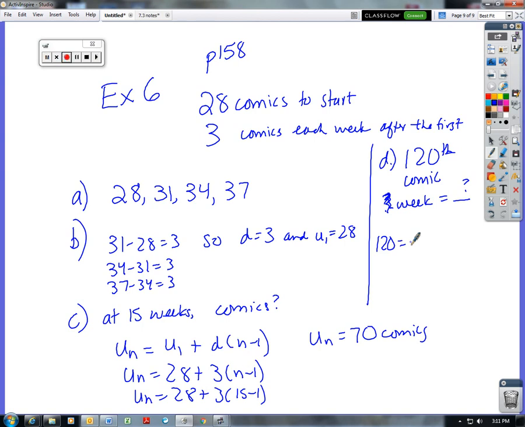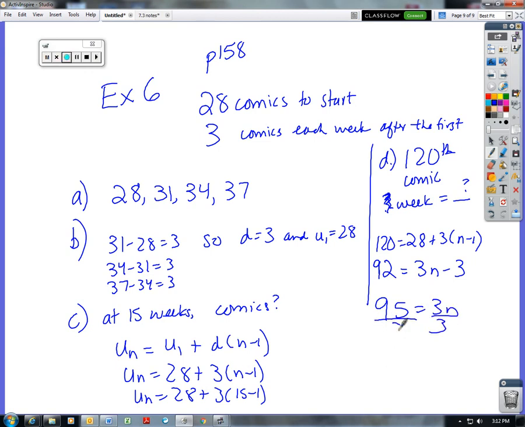And we'll go back to the formula, 28 plus 3 times n minus 1, because this time we're trying to find the week number, which is the count, which is the n. And we will distribute. Let's subtract the 28 too, so that's going to be 92. And then we'll distribute the 3 while we're at it. So then I'll add the 3 across, so I'm going to have 95.